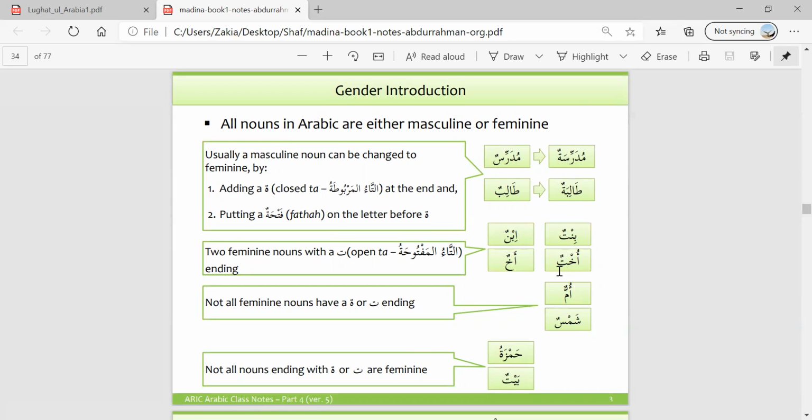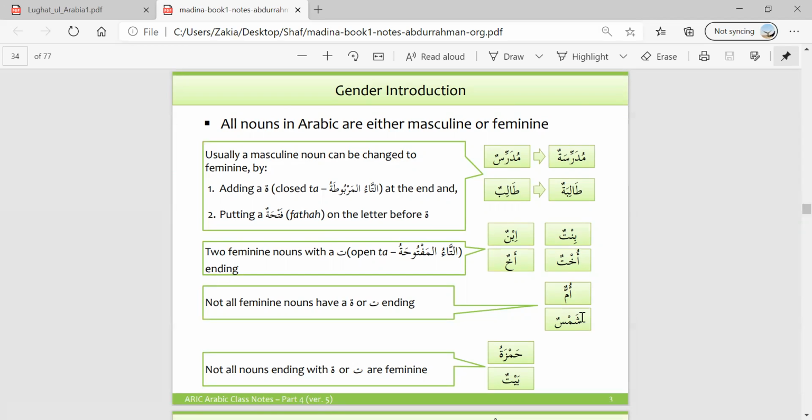All feminine nouns have a ta marbuta or a ta maftuha, so either one. Especially when you come to building on grammar and looking at the sound feminine plural, you'll understand how we change the gender by using ta maftuha.